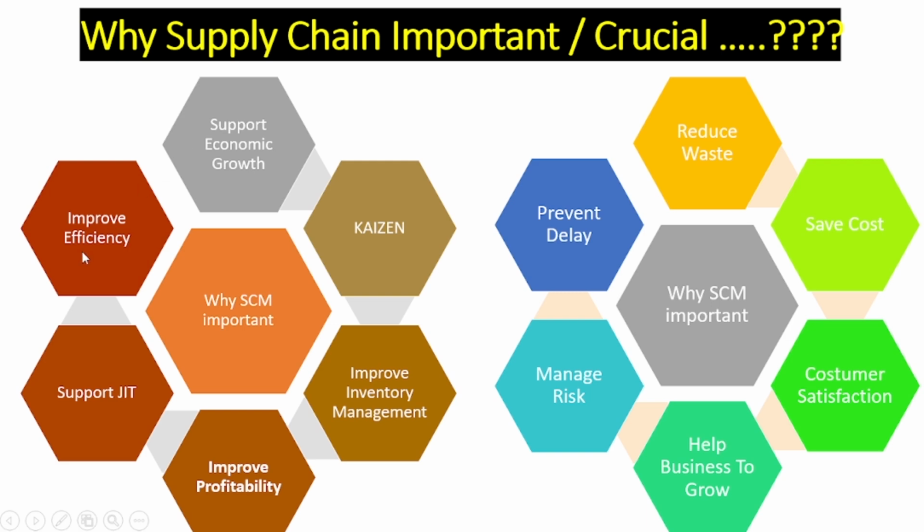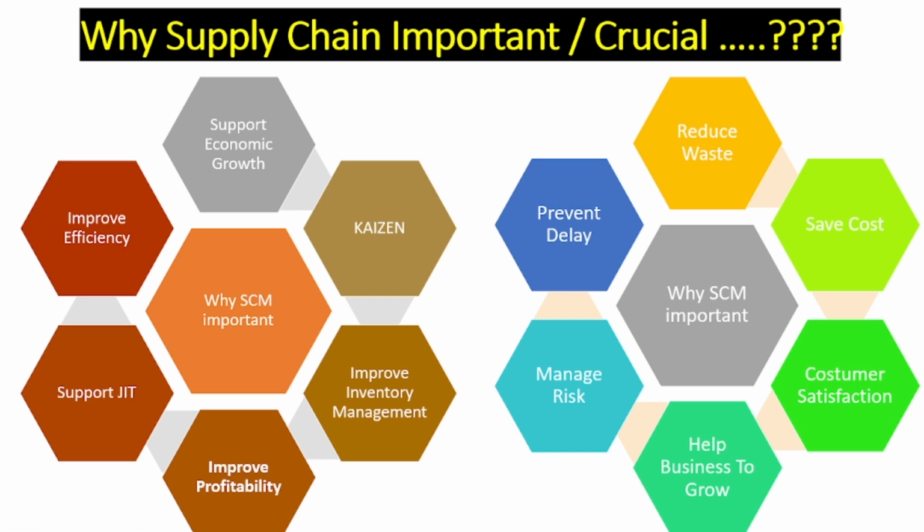Second, we talk about improved efficiency. If there is a good supply chain, the efficiency of the company, the efficiency of the business will definitely grow. Kaizen, we have discussed Kaizen in detail.